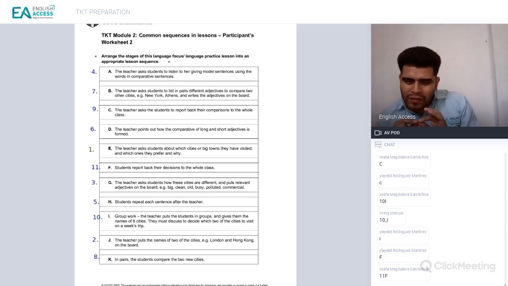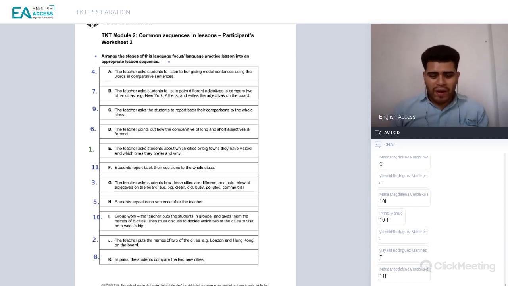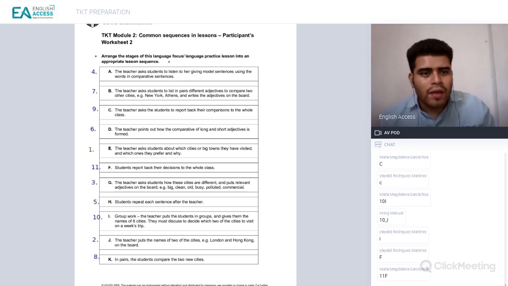Now you can give them a little less controlled practice by letting them decide their two cities. They don't have too much control, but you can let them decide the two cities at least. Very good. And now with the pairs, they can put the little controlled practice into use with the 8th step, which is in pairs the students compare the new cities.